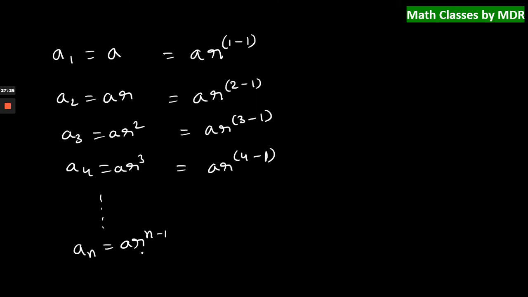So actually I have written here the nth term. You can see that in all the terms, the exponent is one less than the term number. For the first term, 1 minus 1 is 0, so R to the power 0 is 1, and it is A. For the second term it is 2 minus 1, third term 3 minus 1, fourth term 4 minus 1, so for the nth term it is n minus 1. We can easily say that, right?